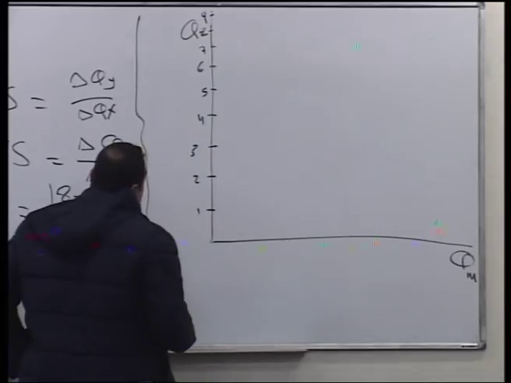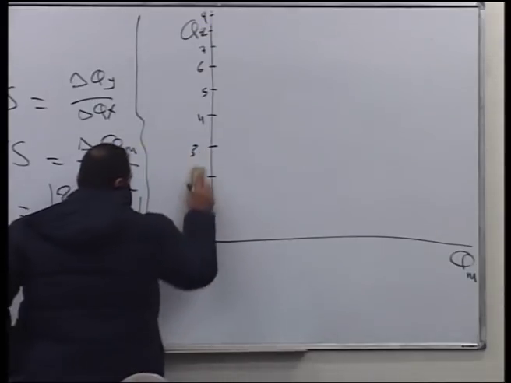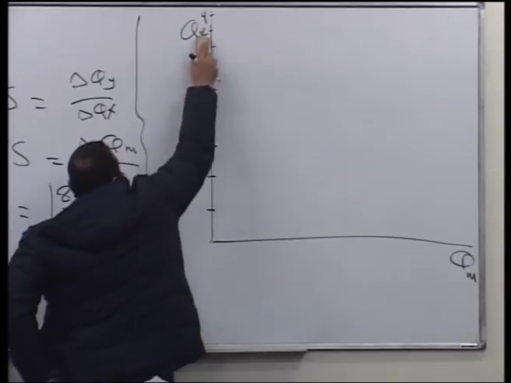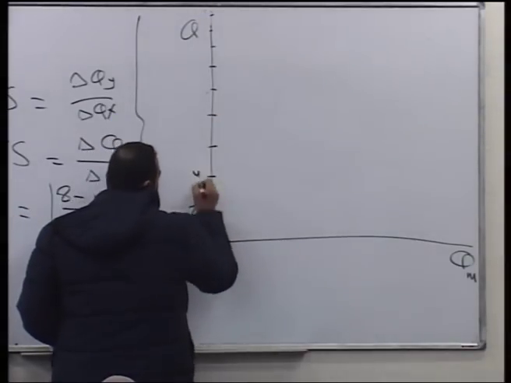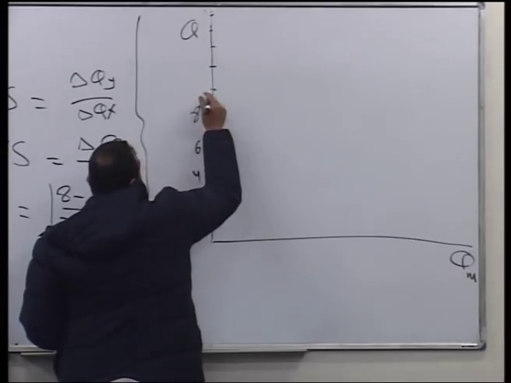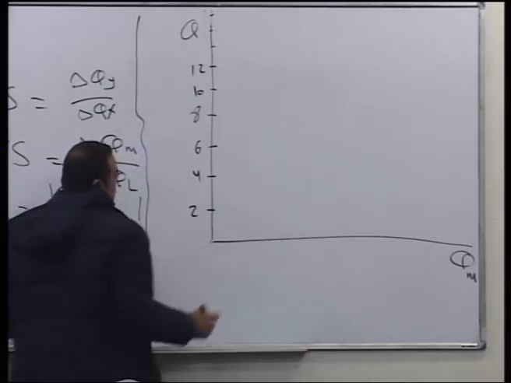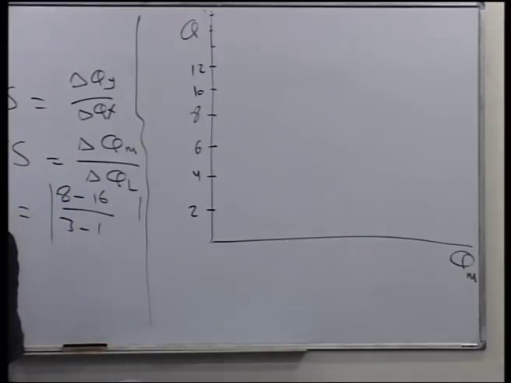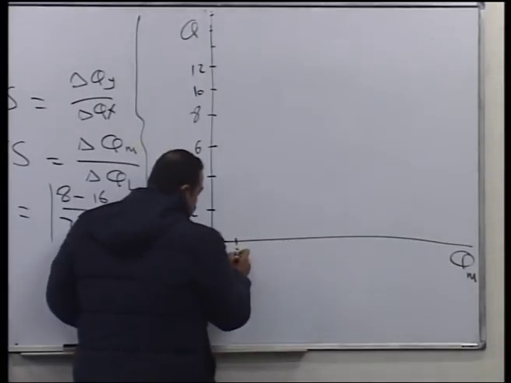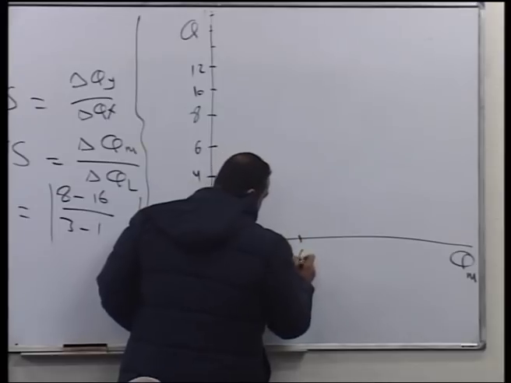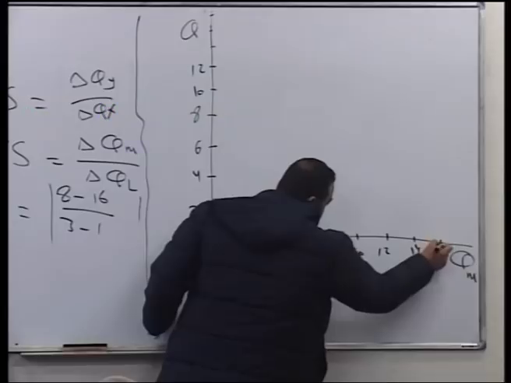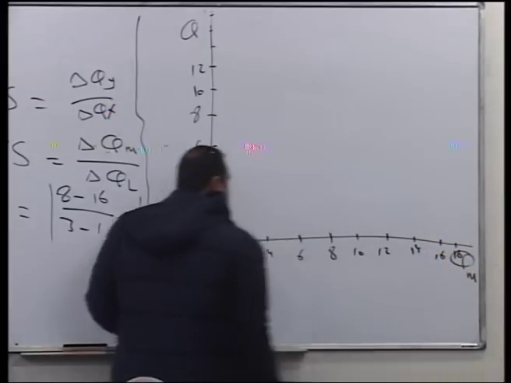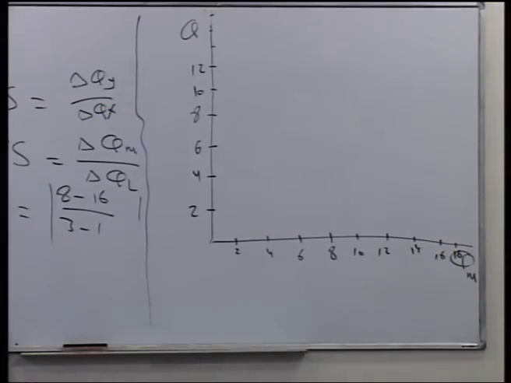Quantity of machines: 2, 4, 6, 8, 10, 12, 14, 16, 18. The first point.